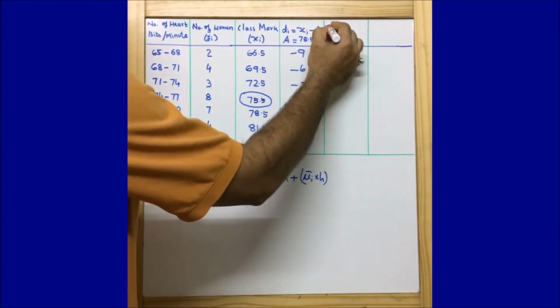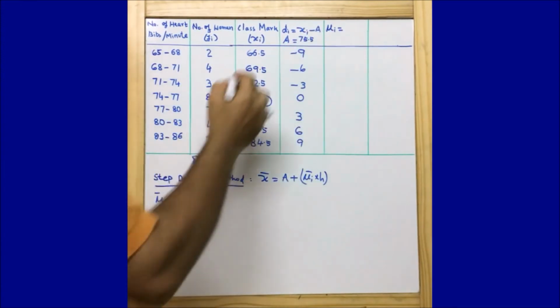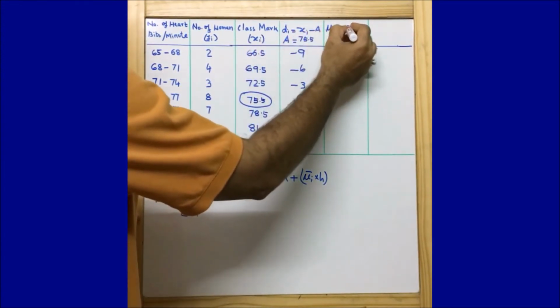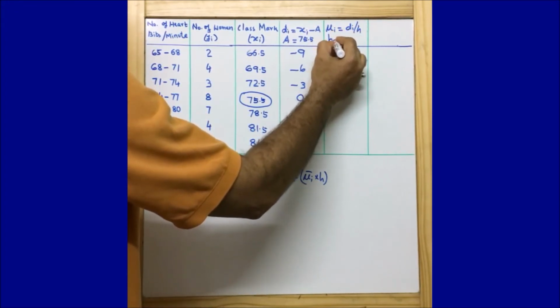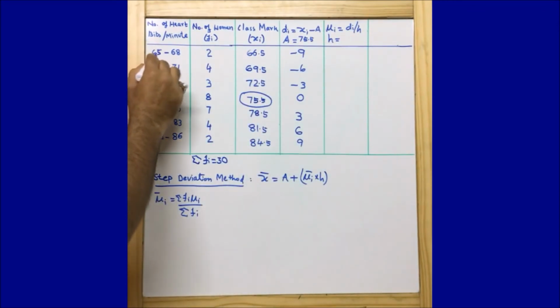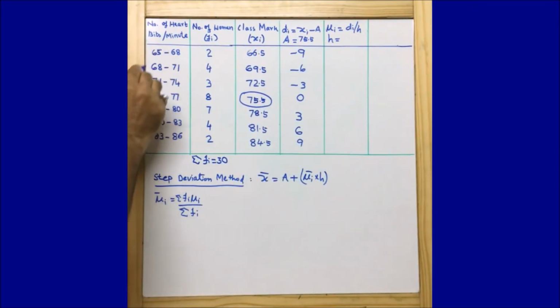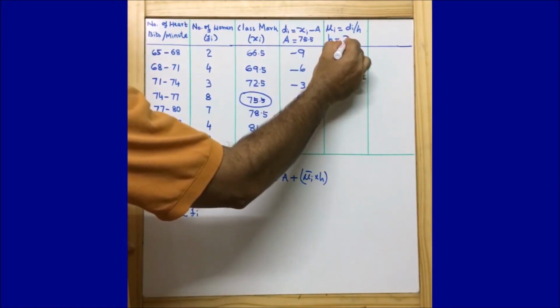So let us first of all find out ui. ui is equal to di by h. What is h here? h is nothing but the class height or the class interval. So here the class height is 3, because 65 plus 3 is 68, 68 plus 3 is 71. So we are going to take the class height as 3.